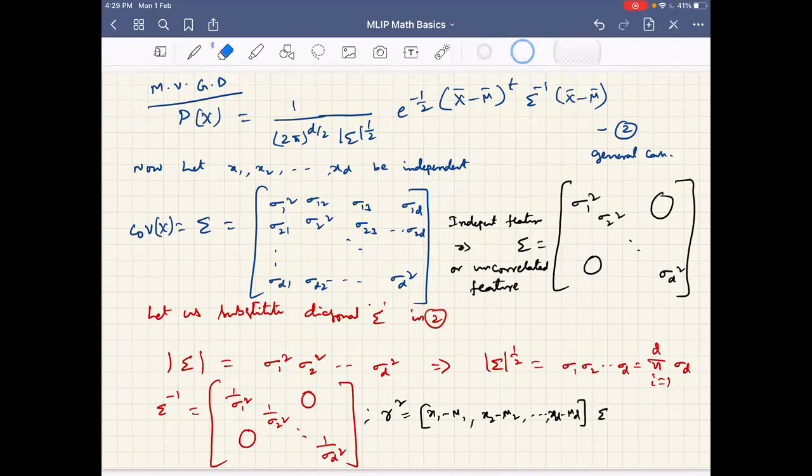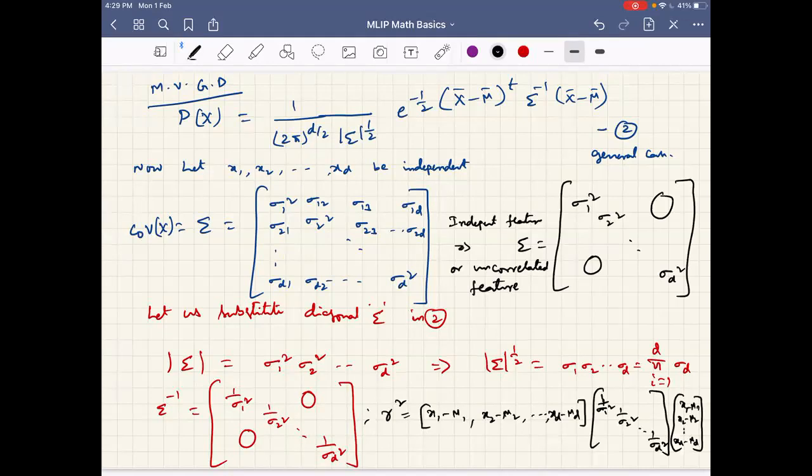Please note that sigma inverse is 1 by sigma 1 square, 1 by sigma 2 square, and so on, 1 by sigma d square. And what should I write here? x1 minus mu1, x2 minus mu2 and so on, xd minus mu d.